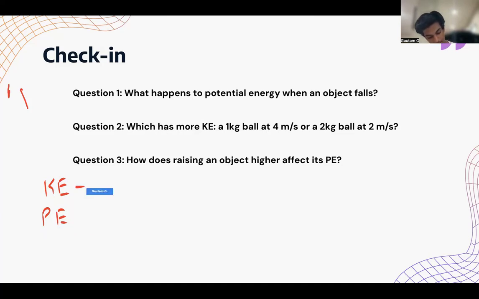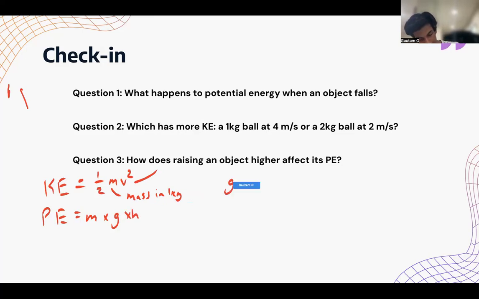Kinetic energy is equal to 1/2 mv squared, where m is mass in kilograms and v is velocity in meters per second. Potential energy is equal to mass times gravitational acceleration times height. Gravitational acceleration, which is portrayed as g, is equal to 10 meters per second squared.